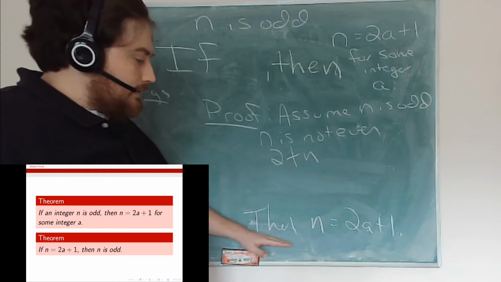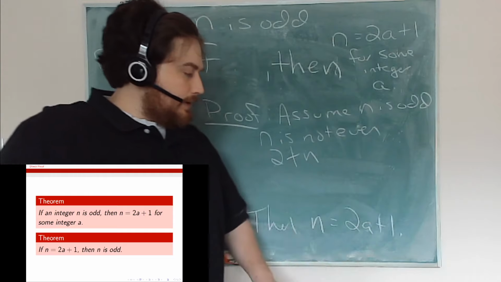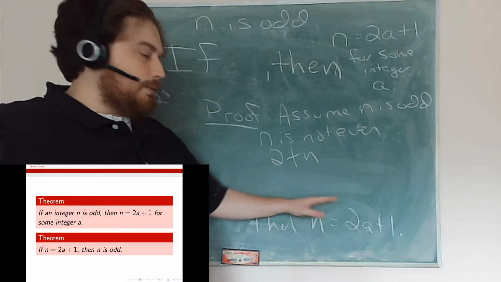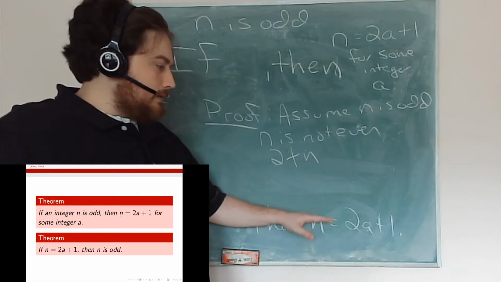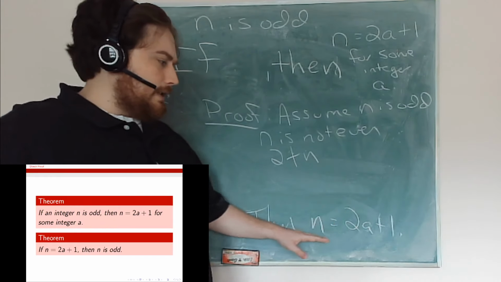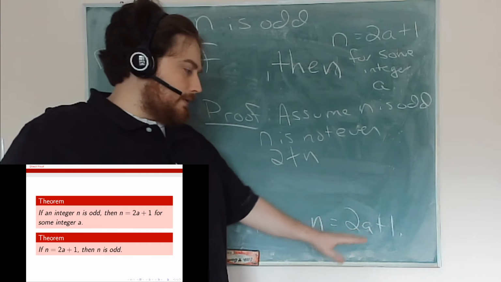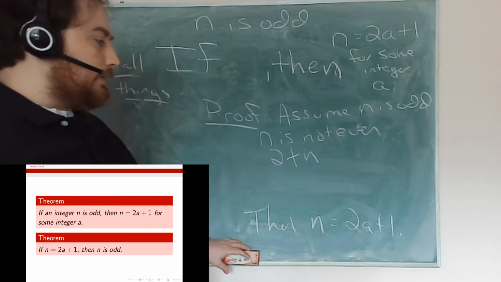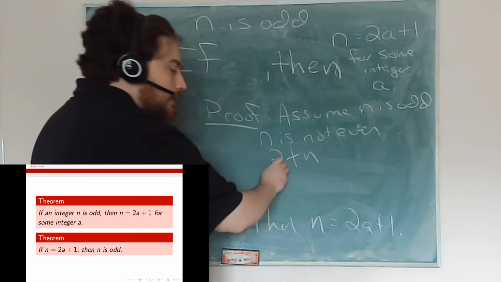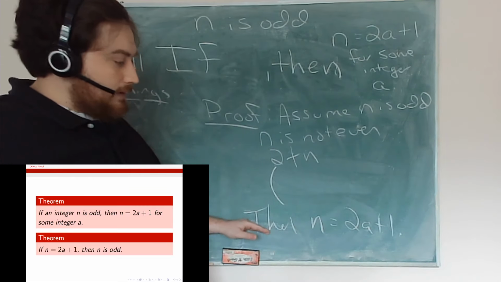Now I can look at the bottom and say n is equal to 2a plus 1. Can I rewrite that in any simpler form? Well, I don't really see anything. That's a nice form. It's just an equation that I have to show, so I just have to show n can be written in that form. What I have to do now, and this was the hard part I was talking about, is figure out how to get from here to here.